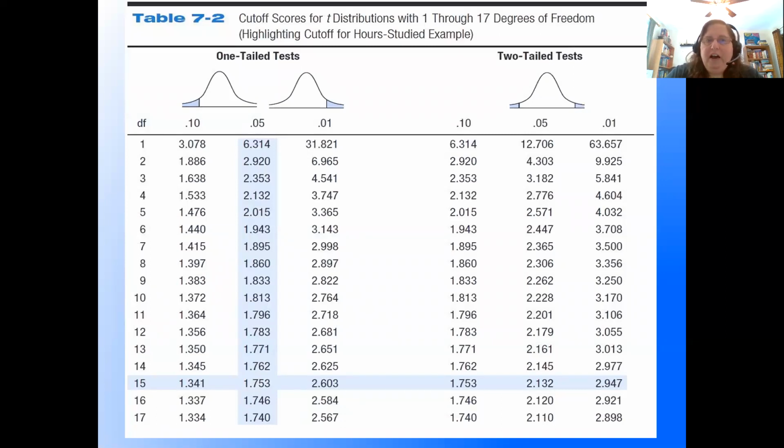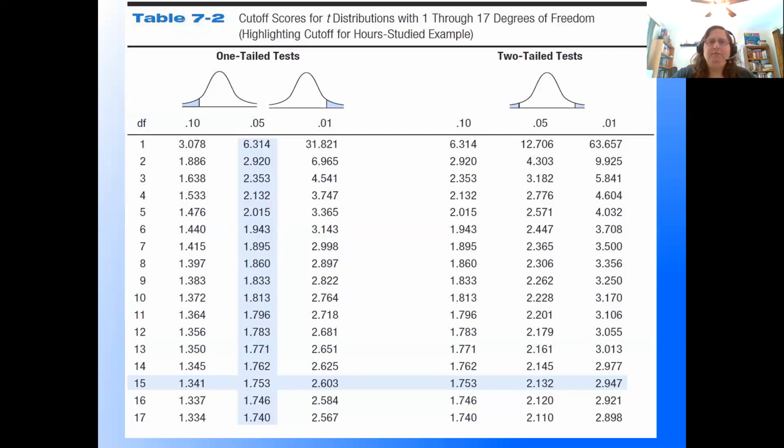It only shows you the positive values, but you can pretend all these values in the body of the table are either positive or negative. So is negative 2.7 further in the tail, more extreme than negative 2.132? Sure is. So we're looking for a number that's either more positive or more negative than what's in our table. Now that's true for two-tailed tests.